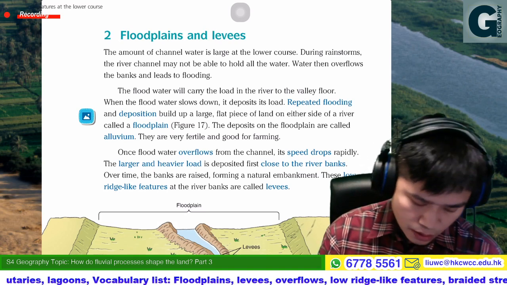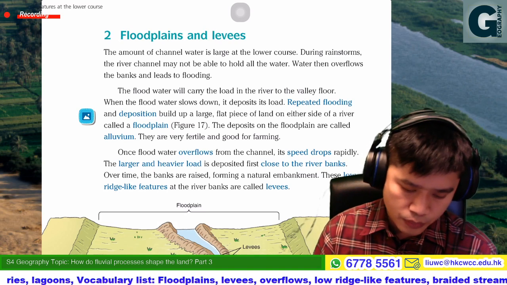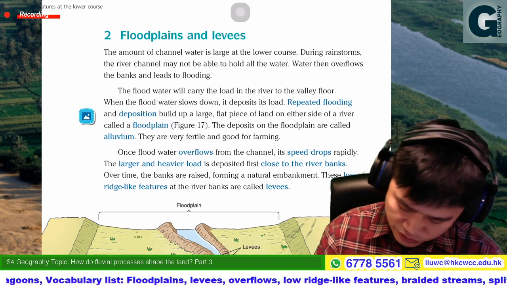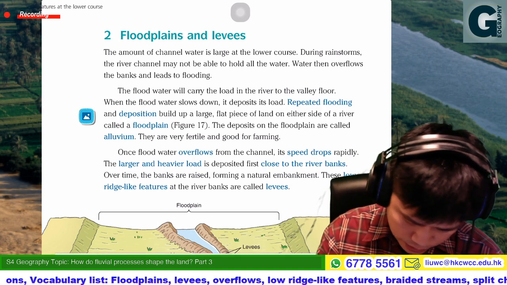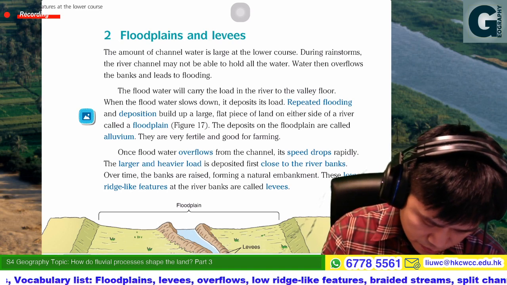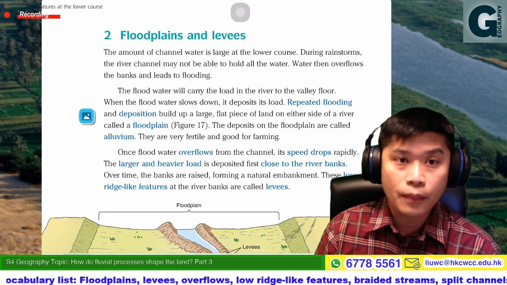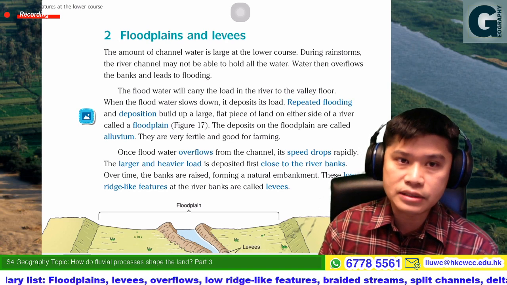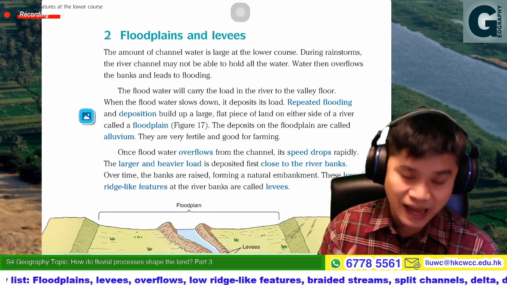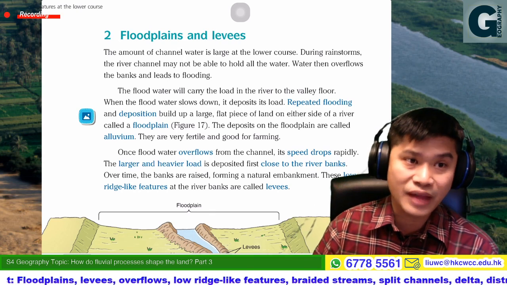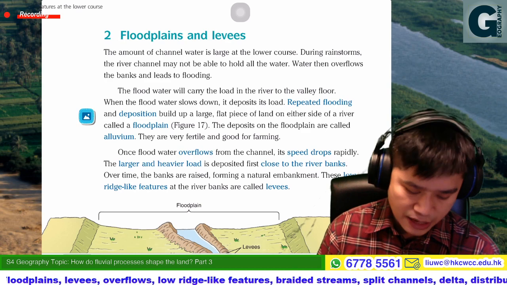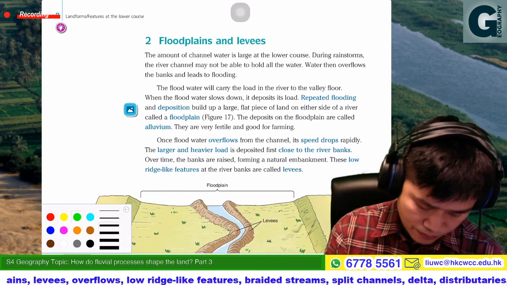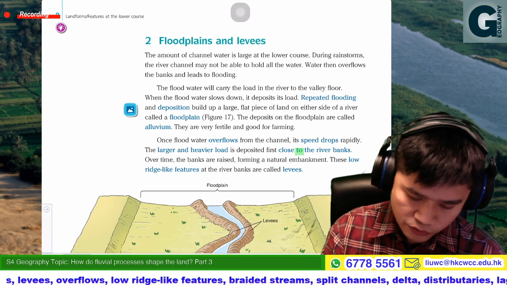So what are floodplain and levees? Remember, just now Mr. Liu mentioned something about this, but it is necessary for you to mark it: remember that this is pure natural, formed naturally. So for the floodplain first.